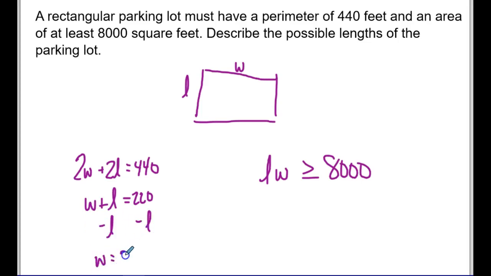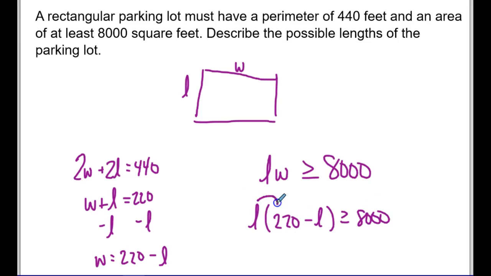So W equals 220 minus L. Let's substitute. So I have L times (220 minus L) is greater than or equal to 8,000. I can distribute this, so I have 220L minus L squared greater than or equal to 8,000.